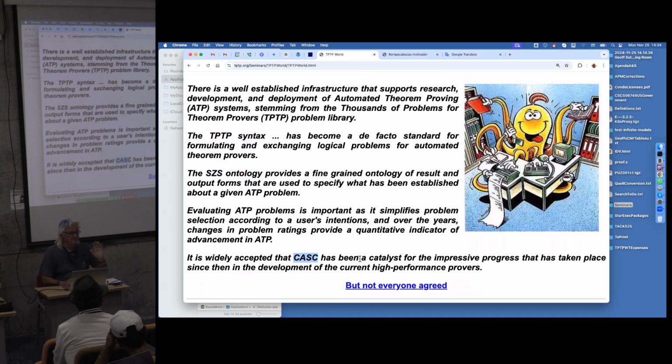So maybe this doesn't translate well. Oh wait, I'll do it on this one.